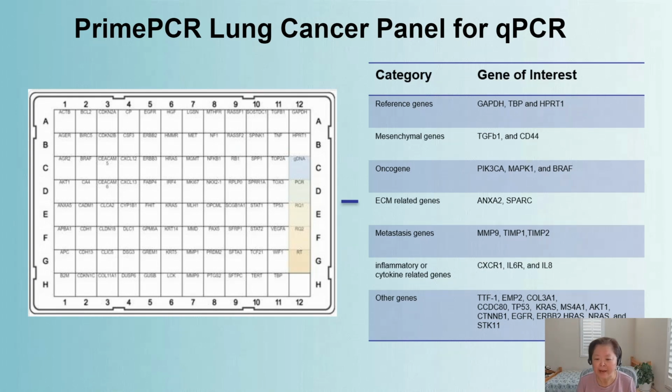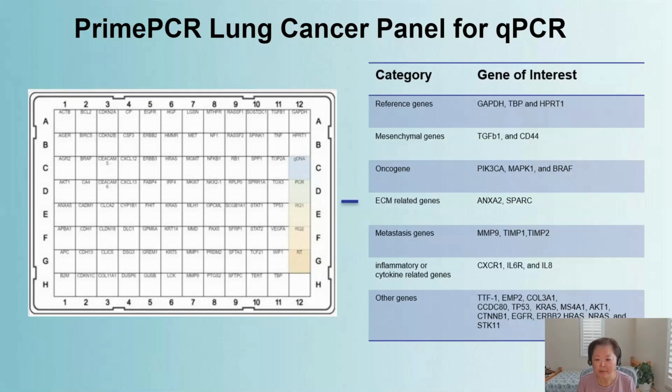Bio-Rad has a wide selection of pathway or disease-specific panels in either 96 or 384 well plates. What we use here is a SAB lung cancer panel on a 96 well plate, preloaded with the reference assays and also the control assays. The control assays include the gDNA contamination, the positive PCR, two of the RNA quality, and also the RT control assays.